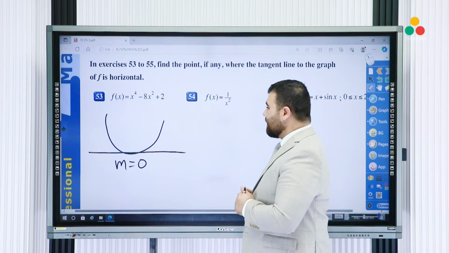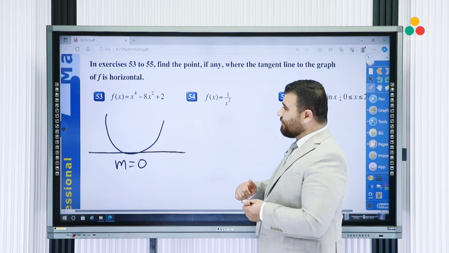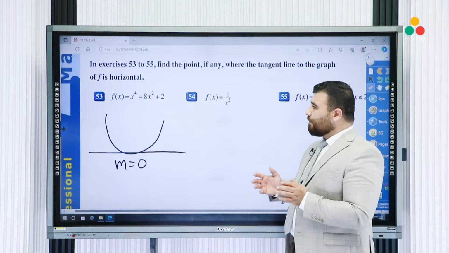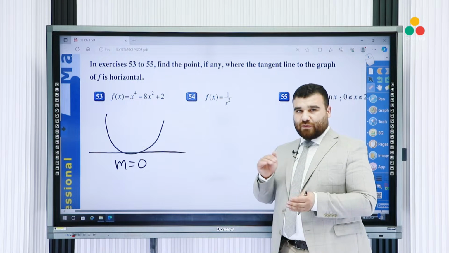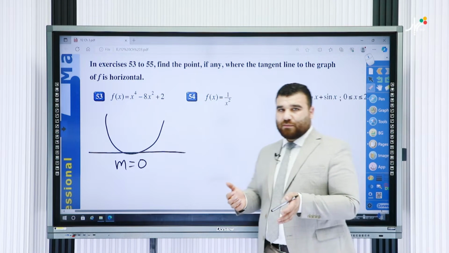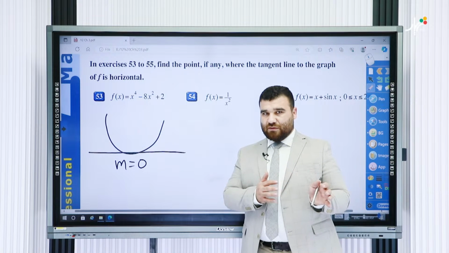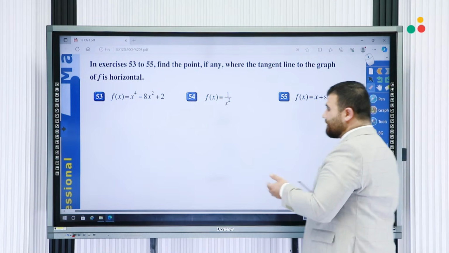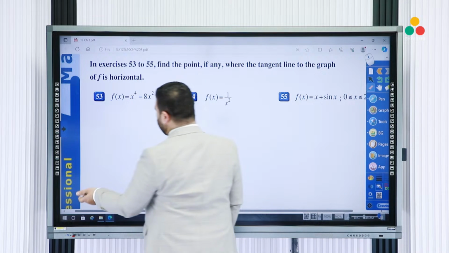All right. Then what we do, we find the derivative. We know the derivative is the slope if we replace x with a number. But this time we don't know which x, but we know the slope, the result is 0. See how we can do this? Result is 0 means the derivative is 0.